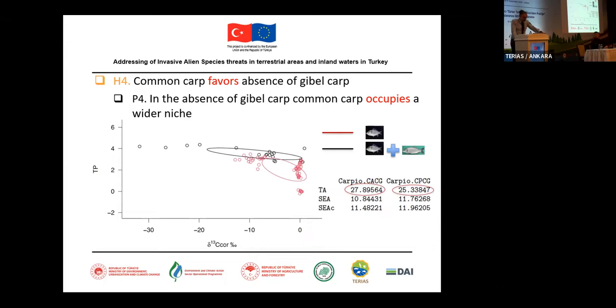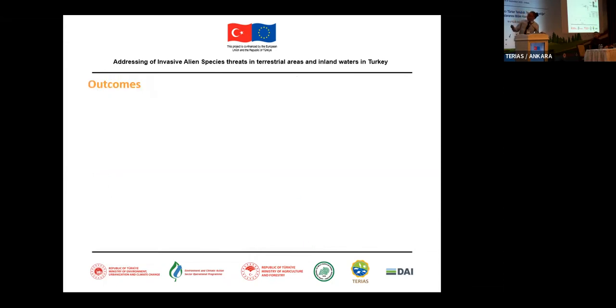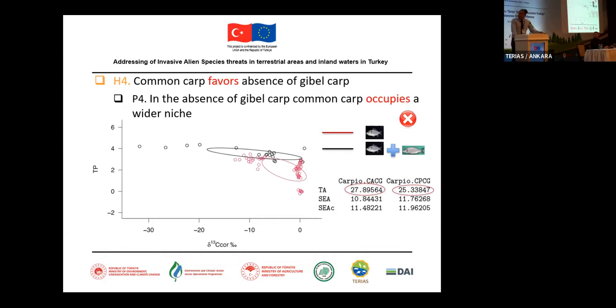And when you look at the total area and their niche overlap, there are no significant or considerable results, so we easily reject this hypothesis in the light of this data.